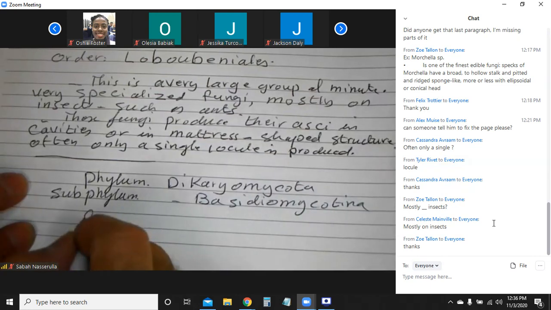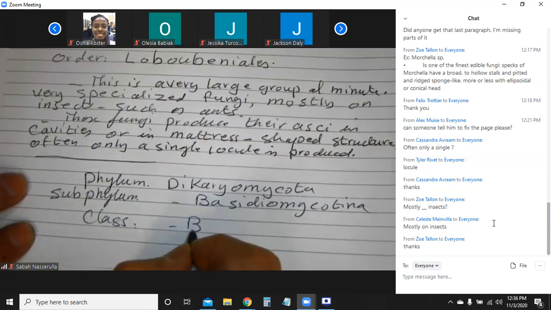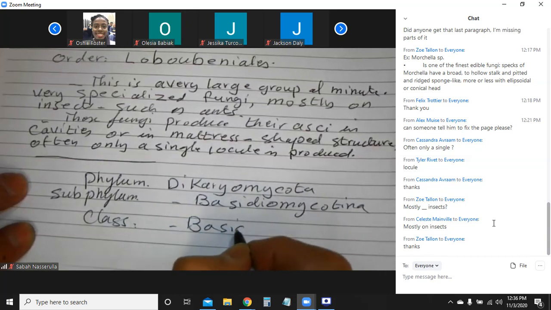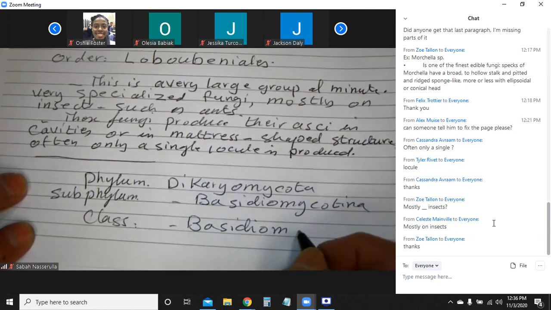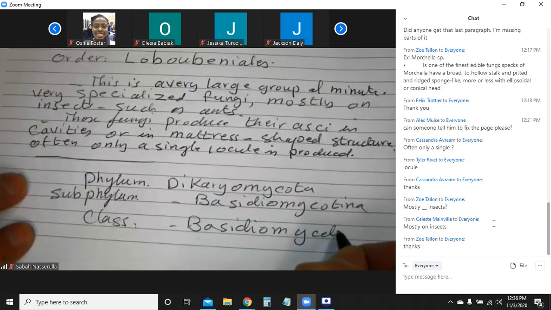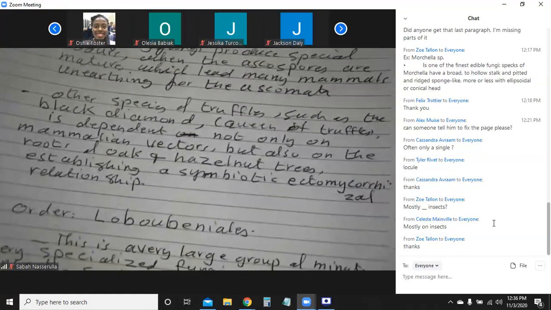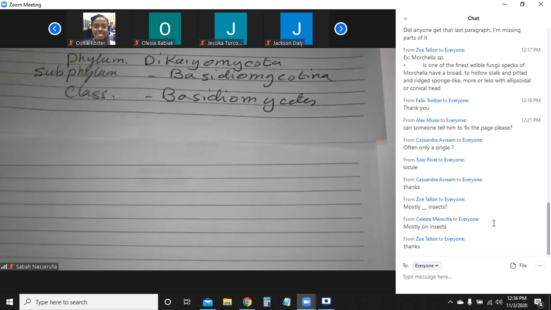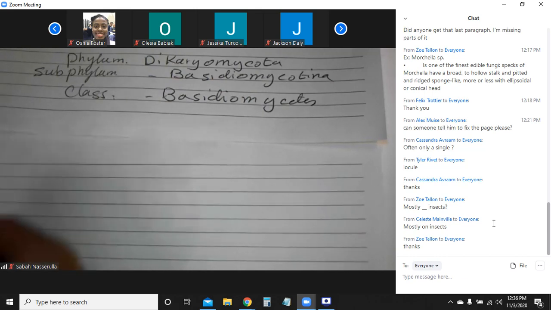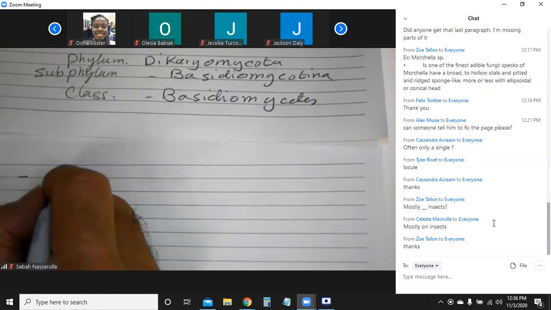And the class is going to be the Basidiomycete. So I'm going to start with some of the general characteristics of this group.